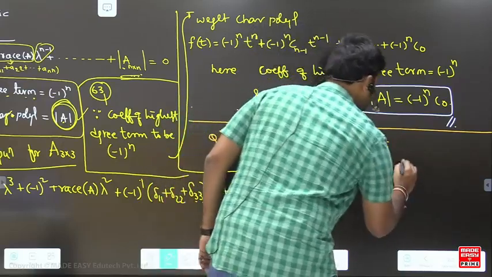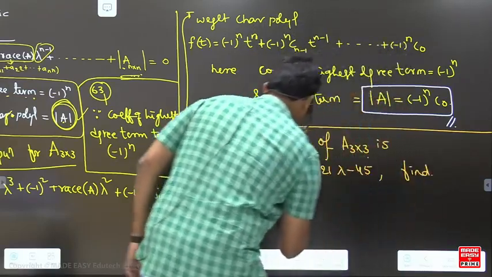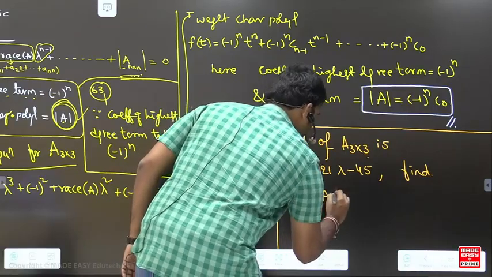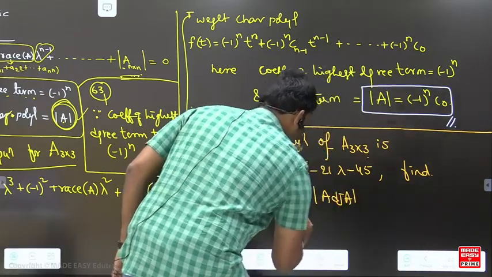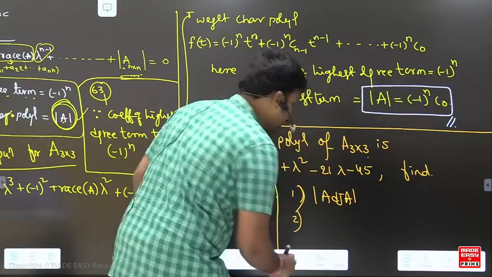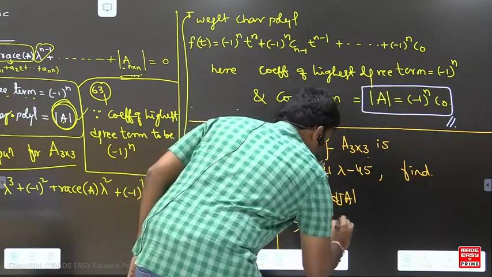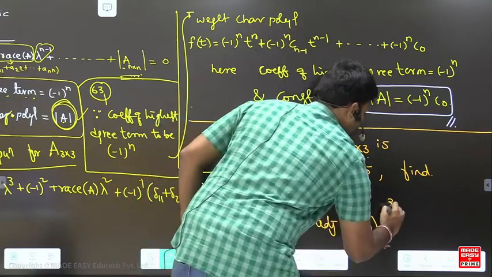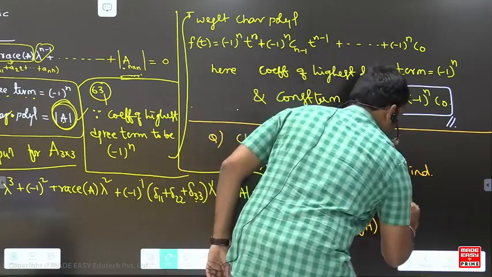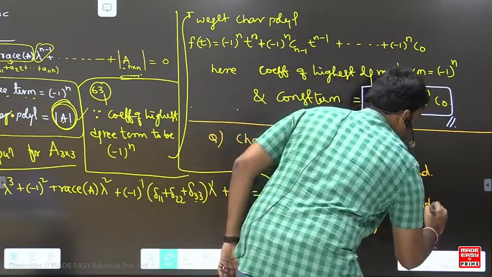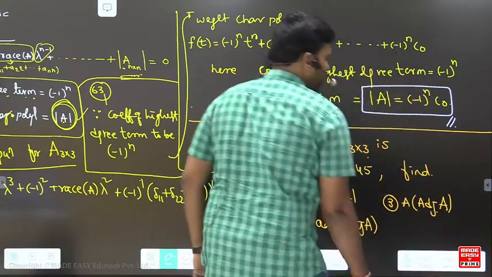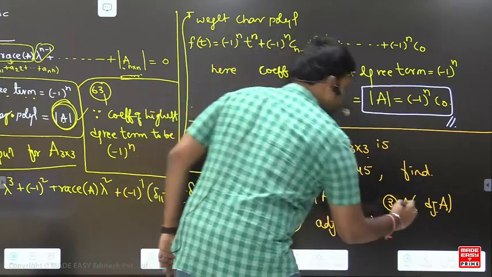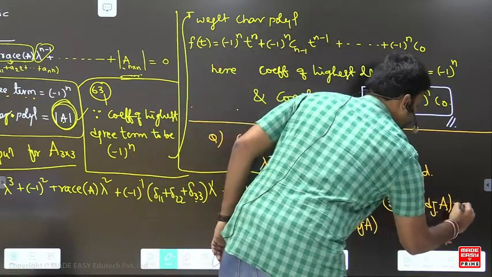Then find, first, mod of adjoint of A. Second, adjoint of A. And third, A into adjoint of A is equal to what?